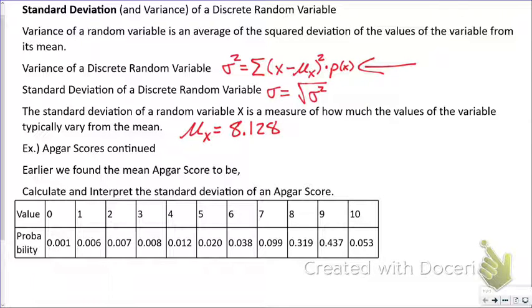So I strongly recommend that you practice this at home. So I'm going to find the variance by going 0 minus the mean, square it, and then multiply by 0's probability.